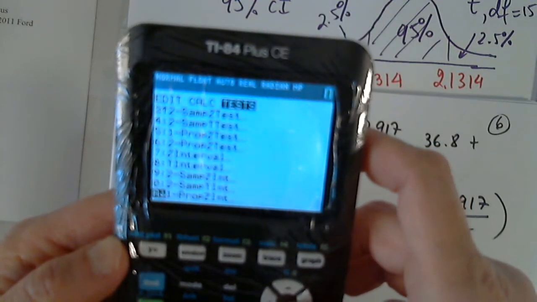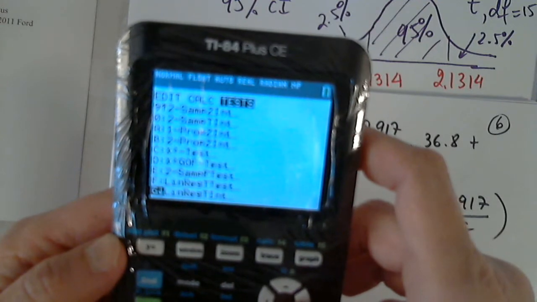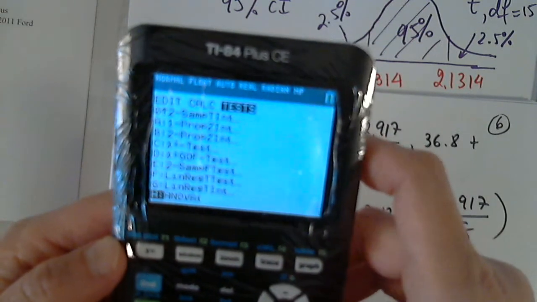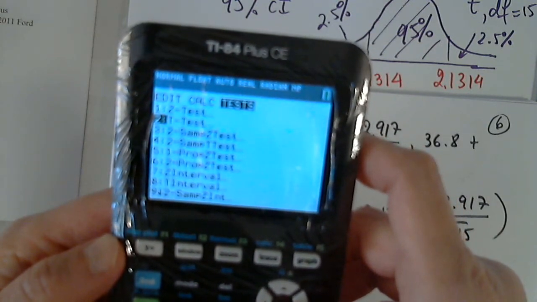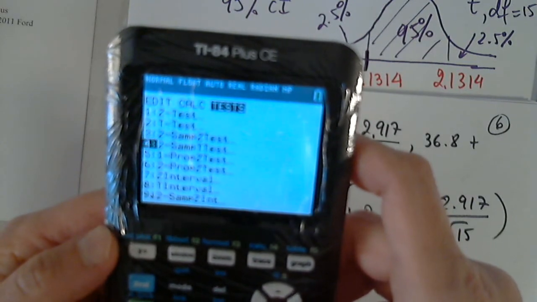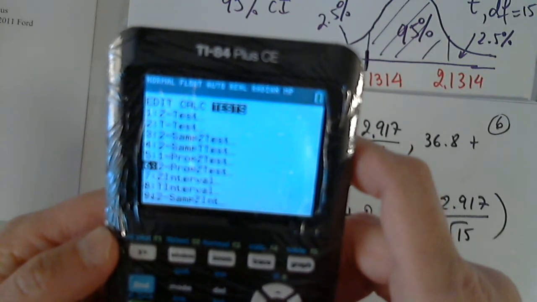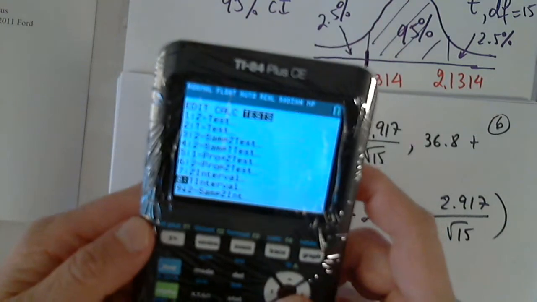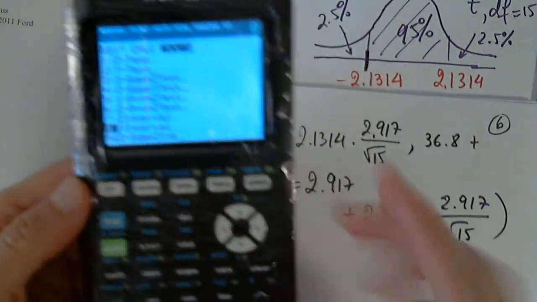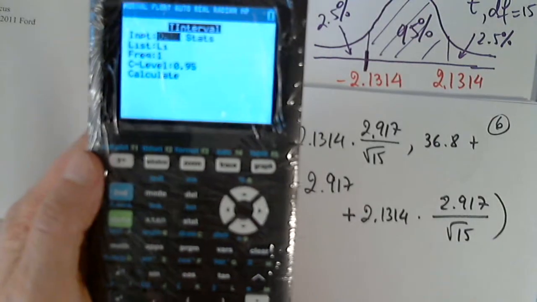One sample z interval. Where is it? A z test, no. T test, no. One proportion, no. Two sample z test, no. Z interval, t interval. Yes, that's the one. Number 8. So press enter.